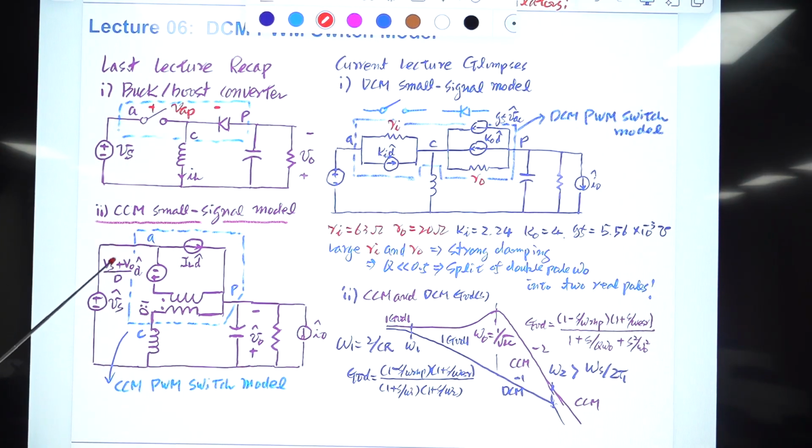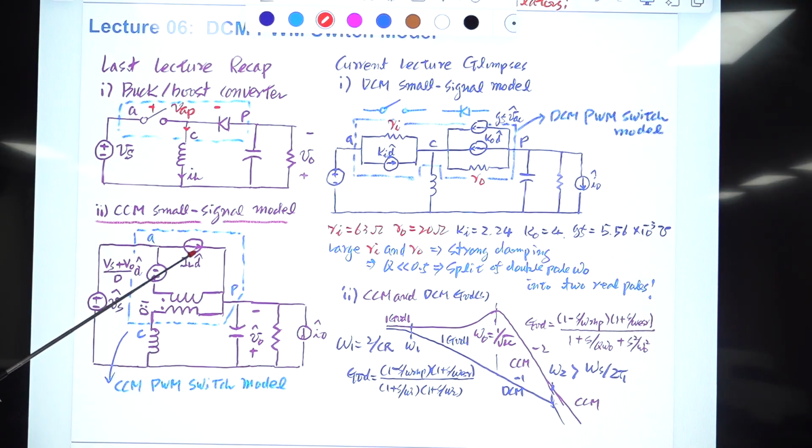So we have VS plus VO in the numerator, and we have the duty ratio D here, and this is IL. Originally this was IC, defined as the current leaving from the common terminal. So that becomes the inductor current for this buck boost converter.